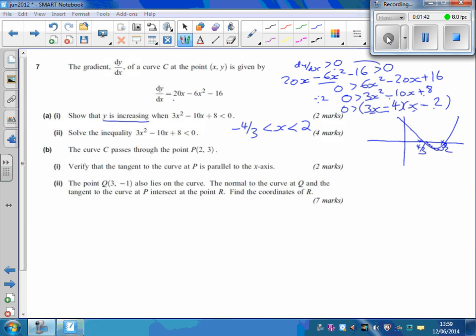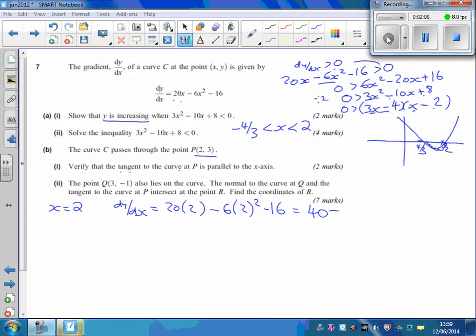The curve passes through a point, and we're now looking at the tangent. So tangents have got the same gradient. So at x equals 2, the gradient of the curve is the same as the gradient of this tangent. Let's find out what dy by dx actually gives at x equals 2. So we've got 20 times 2 minus 6 lots of 2 squared, take away 16.